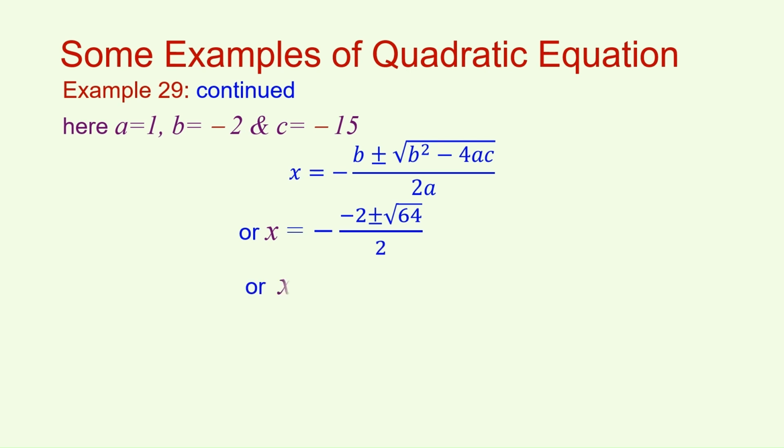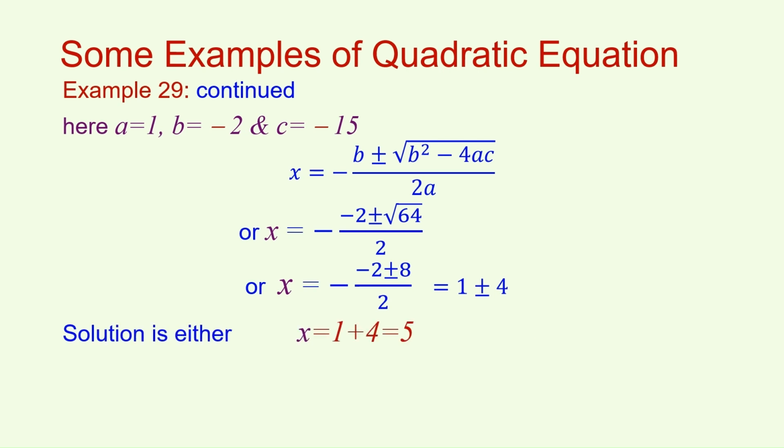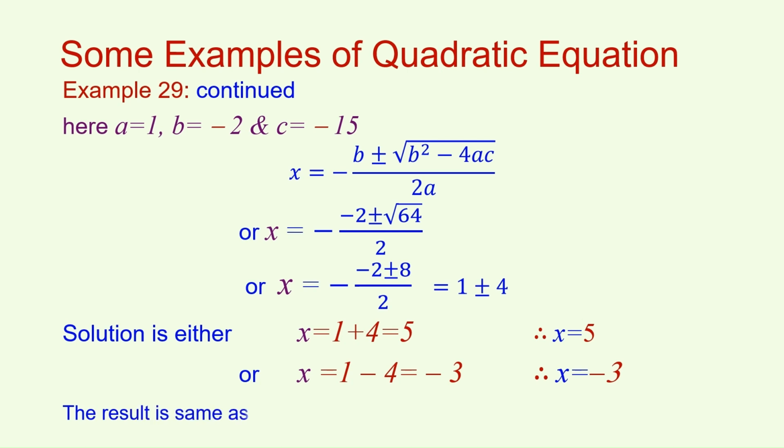You get the solution by the general formula as x equals 1 plus or minus 4. Solution is either x equals 1 plus 4 equals 5, therefore x equals 5, or x equals 1 minus 4 equals minus 3, therefore x equals minus 3. Please note, the result is the same as before in example 28 and example 29: x equals minus 3 and x equals 5.